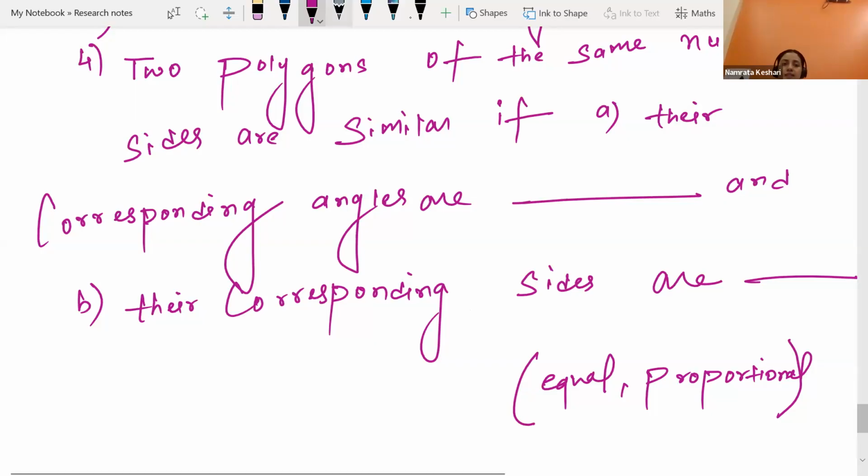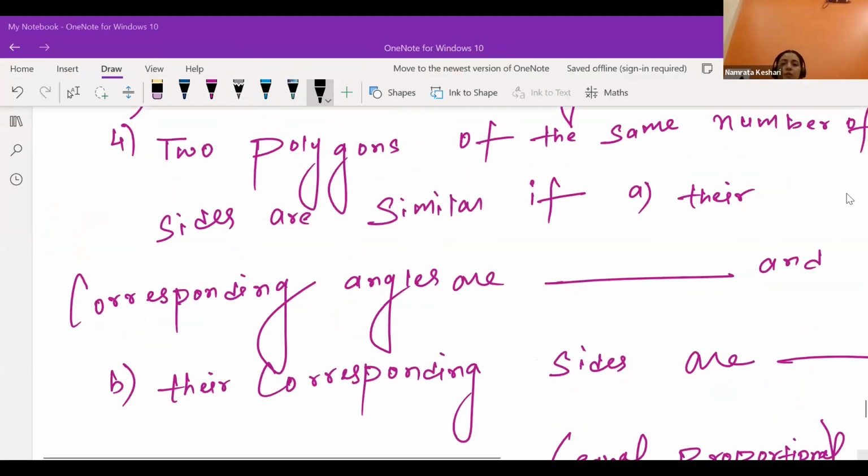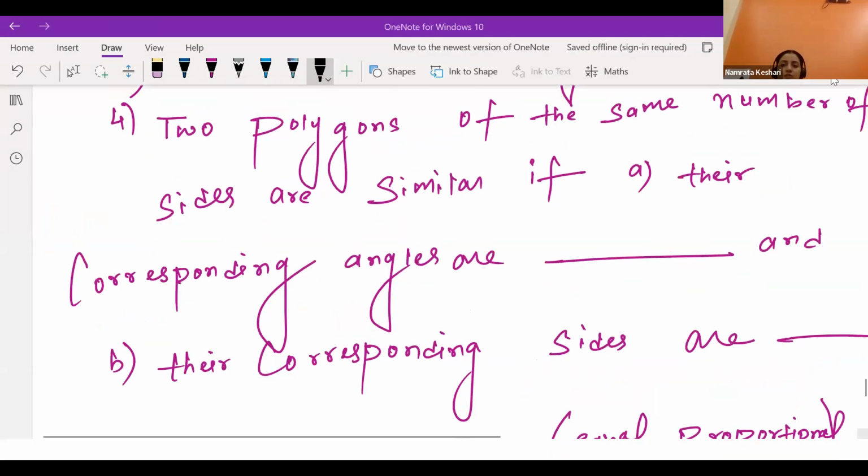Yes, any idea? Afnan, Alvina, Abdul. First one will be proportional and next one will be equal. Let's read it.